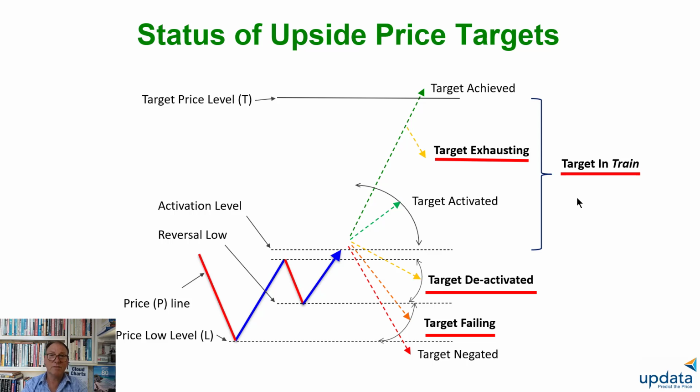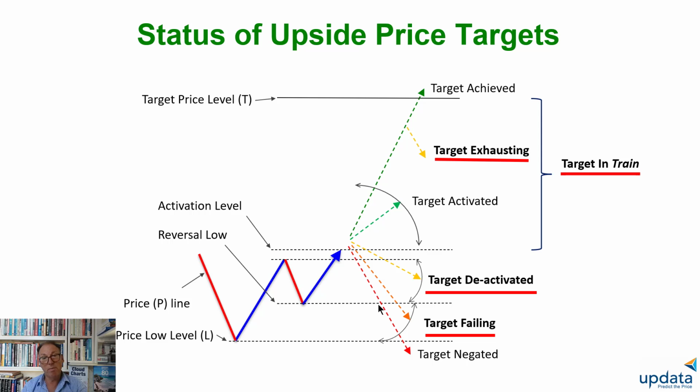So the status of upside price targets, in terms of understanding them, is if a target is reached or achieved, if a target is exhausting, so we're not quite getting to that target, or the target is activated. And in this area, we call the target as in train.